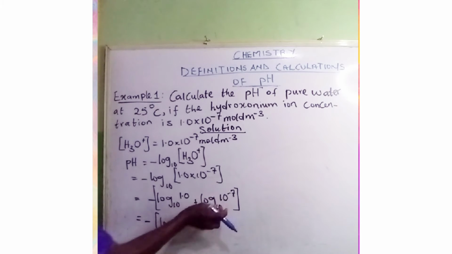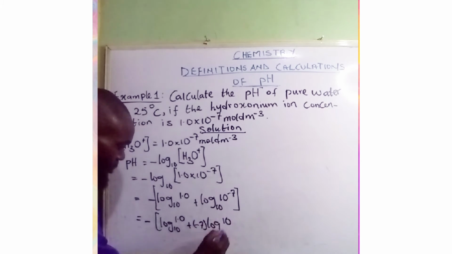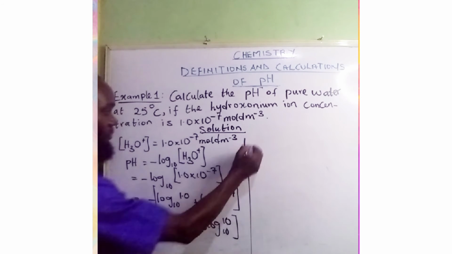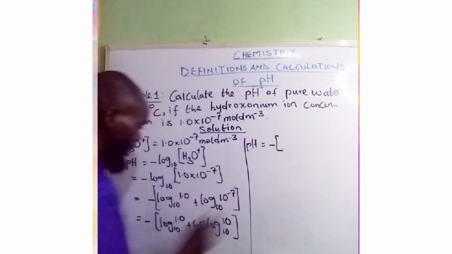Then in mathematics, minus 7 will come here in the rule of logarithm. So we are going to have plus minus 7 in brackets, log 10 to base 10. So from here, we have our pH equal to minus log 1.0.